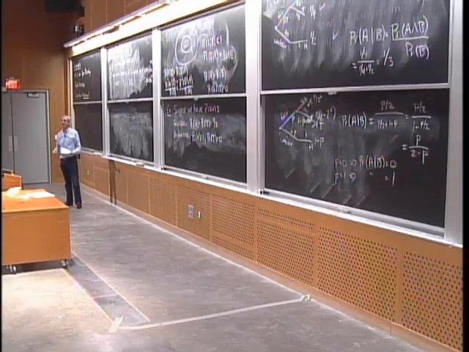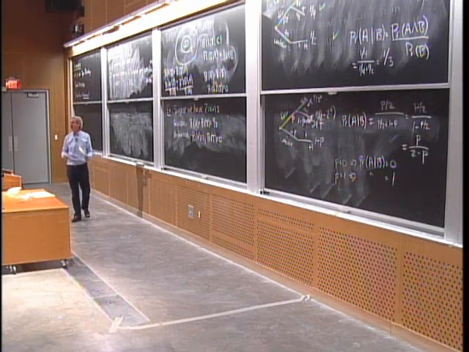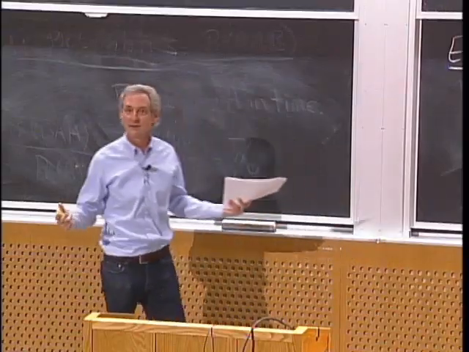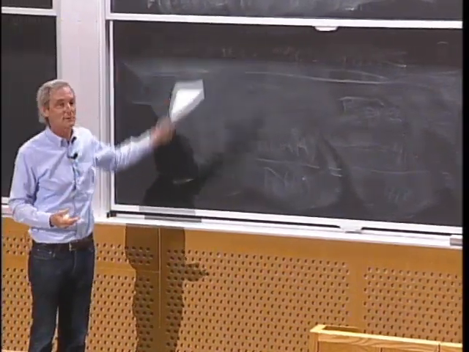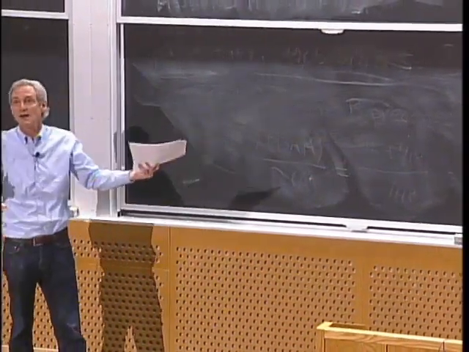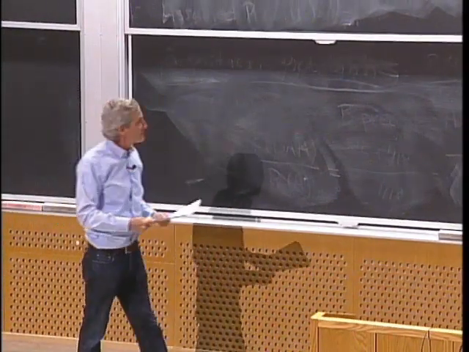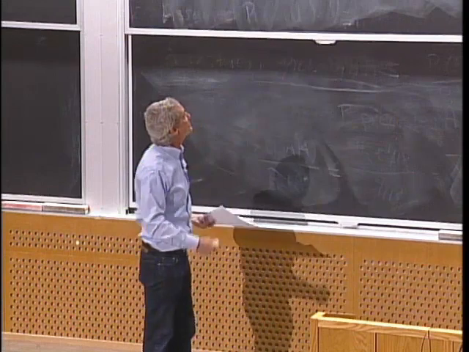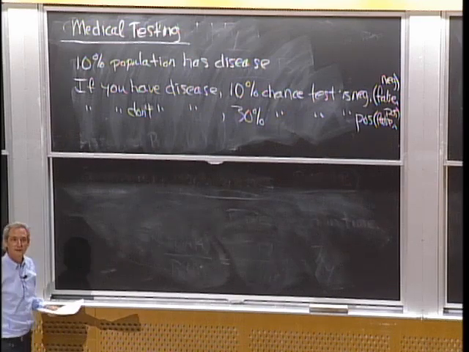So she asked the doc, what's the probability I really have the disease? Doc doesn't know, right? The doc maybe can give you some of these stats, 10% false negative, 30% false positive, but it tested positive, so they just normally give you the medicine. So say this was the story, what would you say? How many people think that it's at least a 70% chance you got the disease?